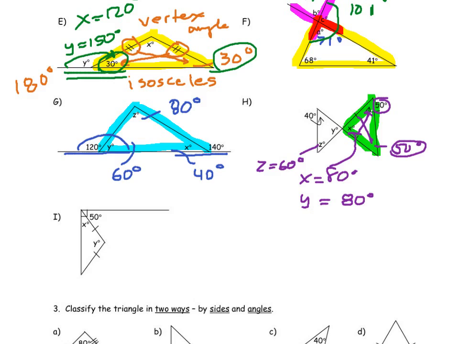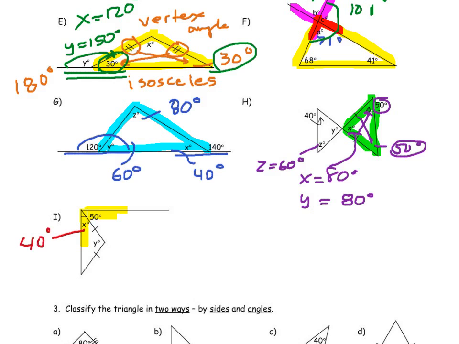For diagram I, I see a triangle, and a nice isosceles triangle actually, and I also see a right angle. So if that angle in the corner is a right angle, then angle X would have to be the complement to 50, which makes it 40 degrees.